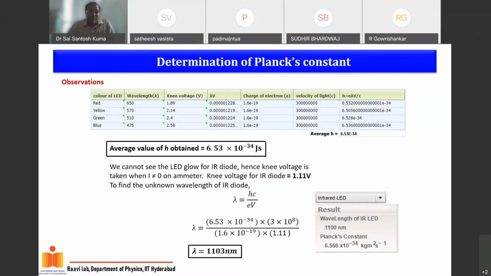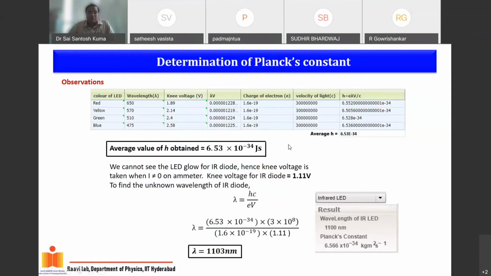These are the values I got. Also, as I mentioned to you, you cannot see the LED, but you may keep playing with it to make sure that the current is not equal to zero. The voltage at which the current changes is the knee voltage, and it turns out to be 1.11 volt for the LED.